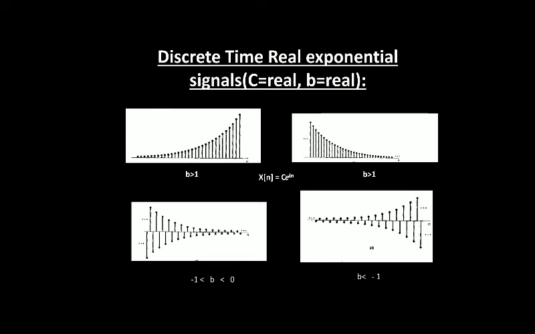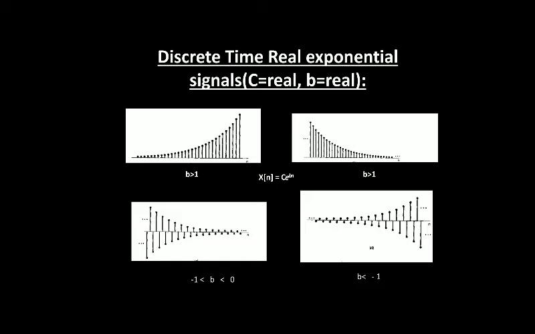So here are four examples for different values of b, for the discrete time equation x[n] equals c times e to the power bn. When b is greater than 1, the output x[n] will be the left top one, the picture on the left side of this slide.